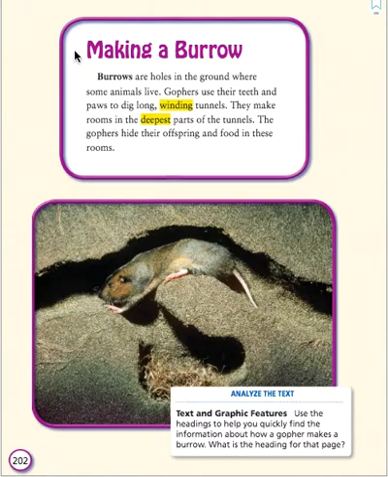Our next heading, making a burrow. And I see a bold word, burrows. Burrows are holes in the ground where some animals live. Gophers use their teeth and paws to dig long, winding tunnels. They make rooms in the deepest parts of the tunnels. The gophers hide their offspring and food in these rooms.